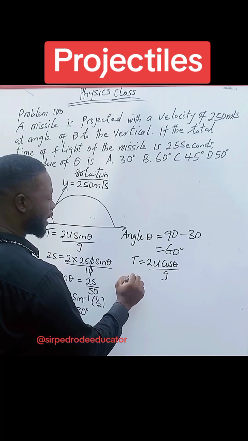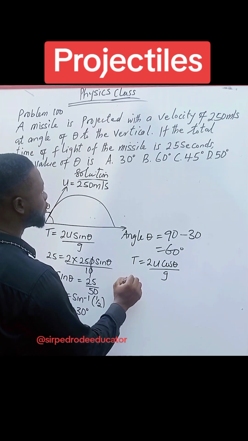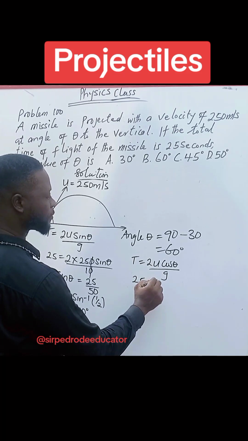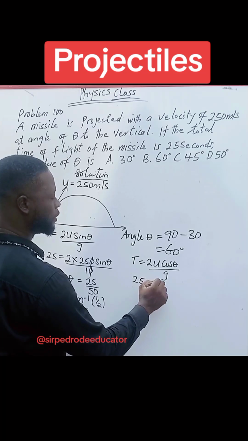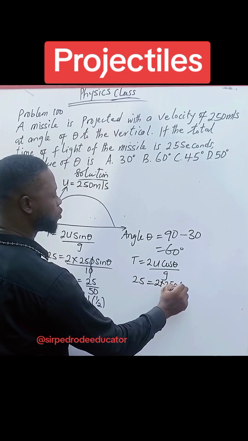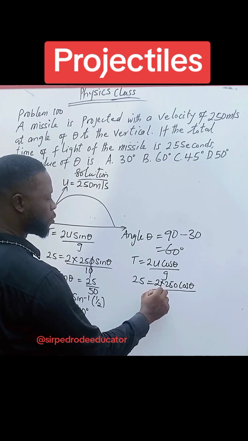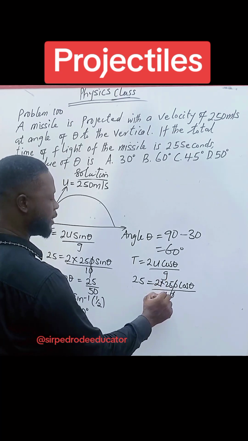So t, which is 25, equals 2 times 250 cos theta all over 10.